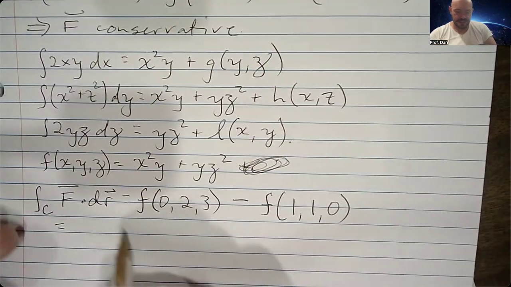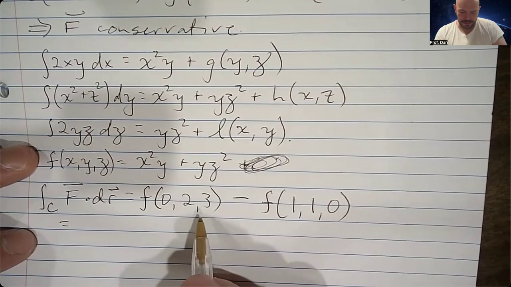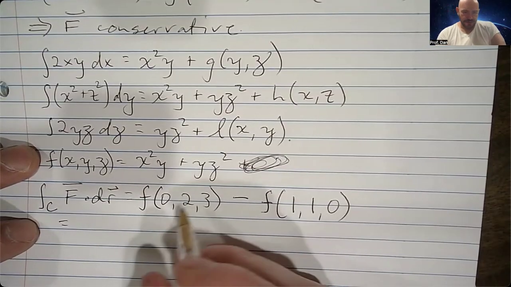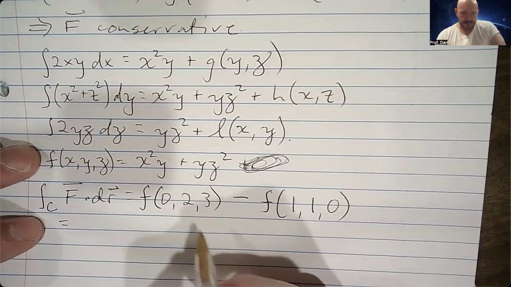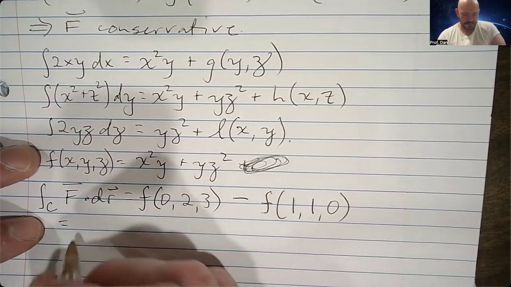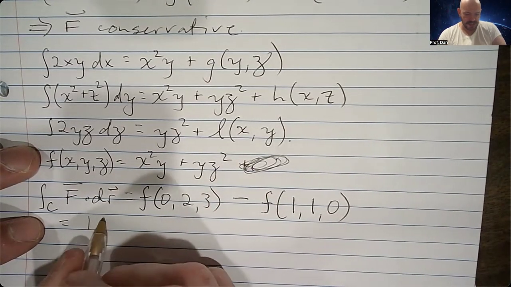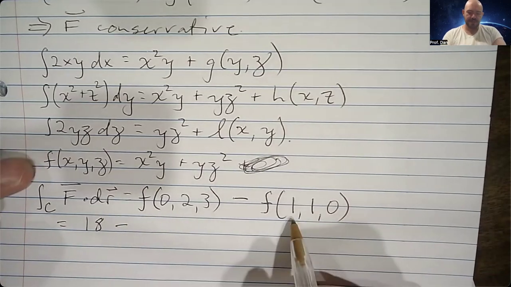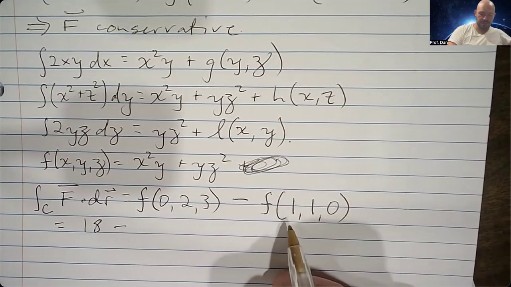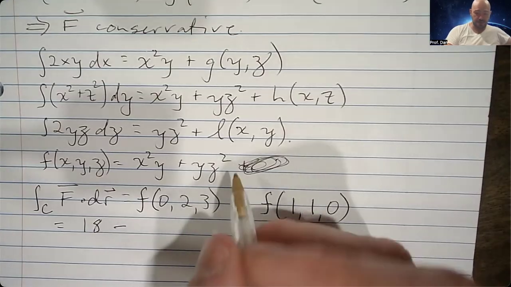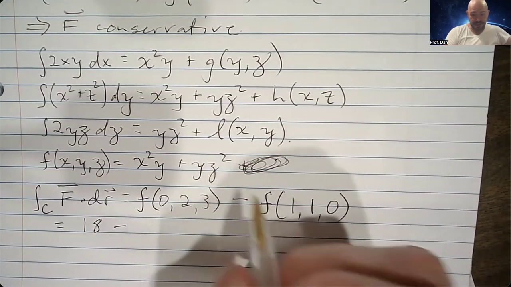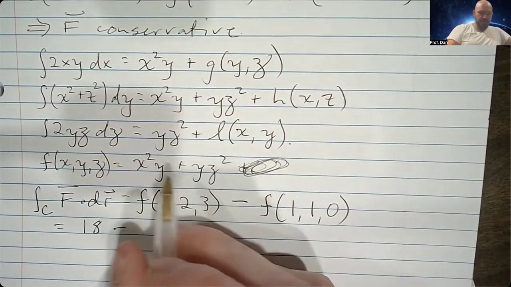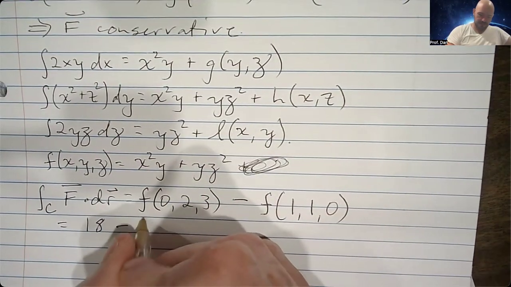If I evaluate this at 0, 2, 3, x is 0, so that first term is 0. For the y part, we get 2 times 3 squared, right? 2 times 9, that's 18. That's the value of f of 0, 2, 3. From that, we're going to subtract what we get from plugging in 1, 1, 0. Here the z is 0, so the second term will zero out, and we'll be left with 1 squared times 1, which is 1.